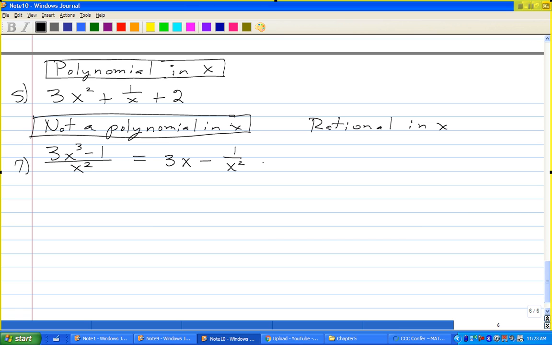So this is, again, not a polynomial in x, because you have 1 over x squared. So this is not x to a whole number exponent. So this is not a polynomial in x.